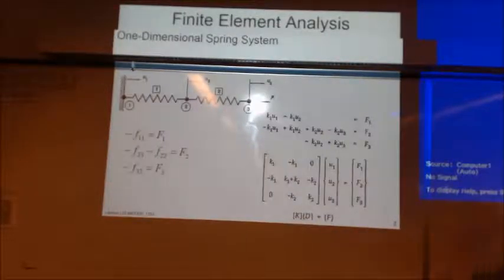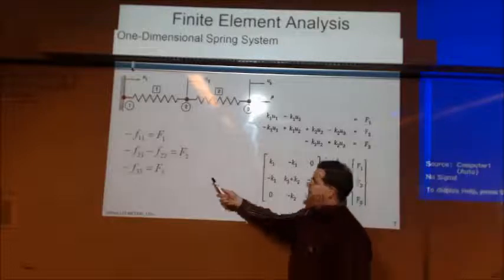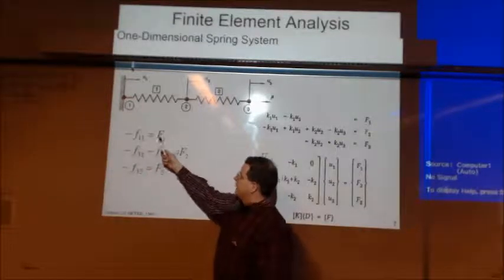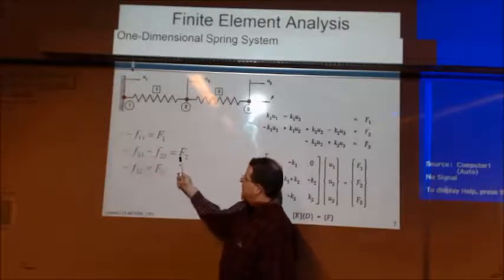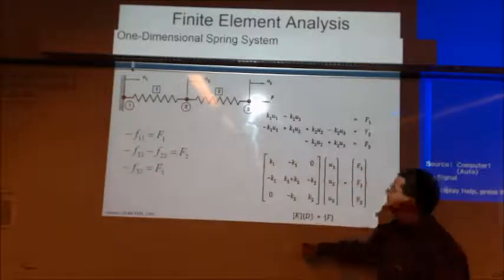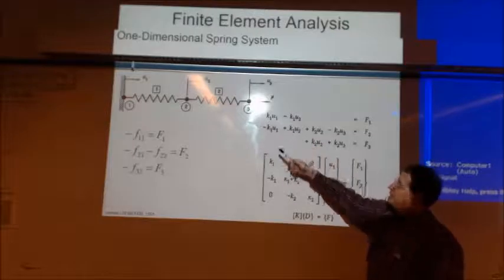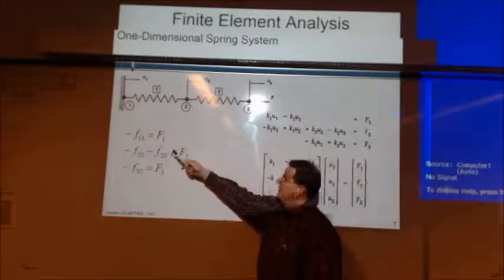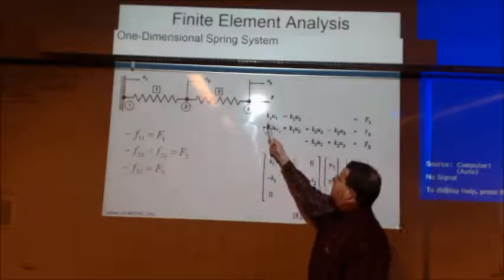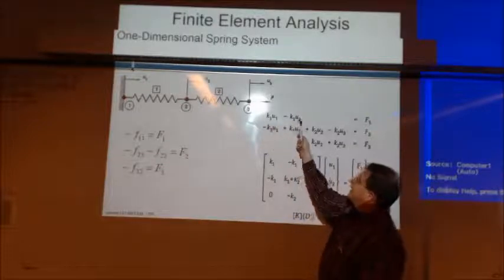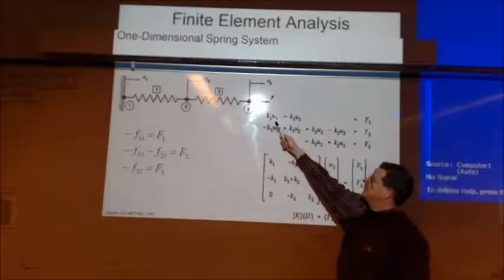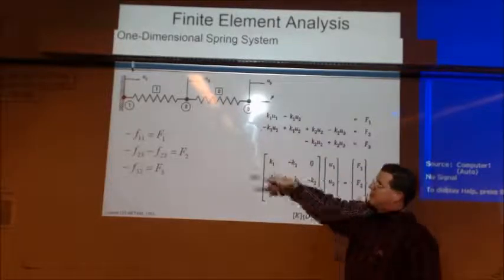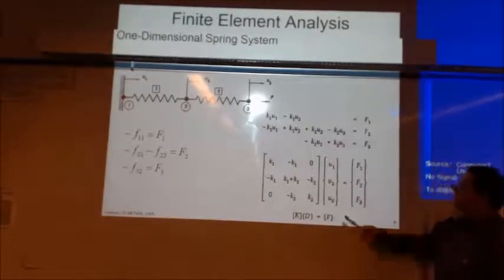So we go another step. We take our general, or our equilibrium, right? Internal force has to equal the external force. So this would be at node 1, node 2, node 3. And if we substitute this F_11, remember our equation for that was K1U1 minus K1U2. So our displacement at 1 and 2, our spring element constant 1.